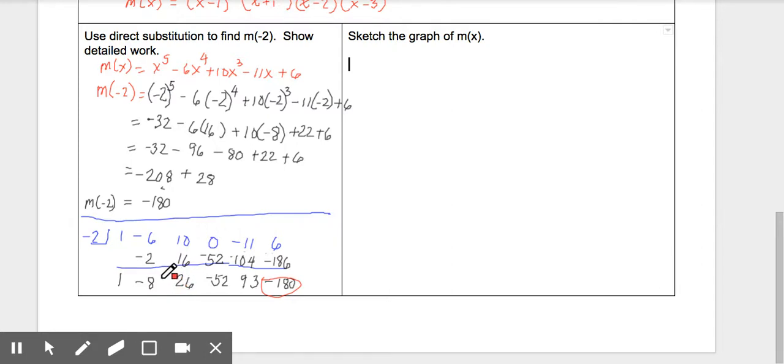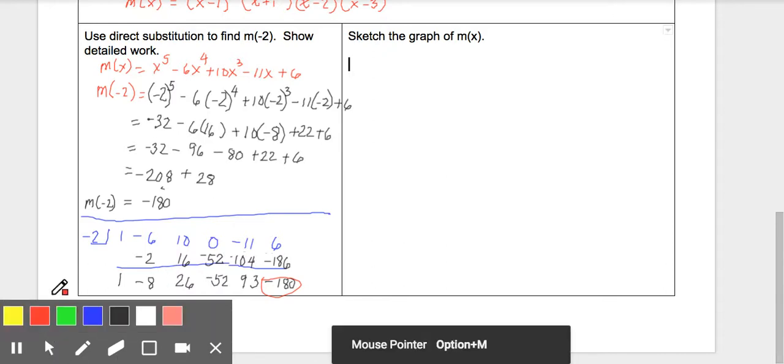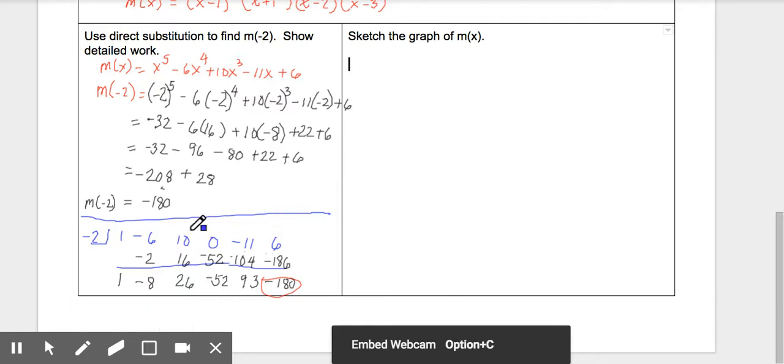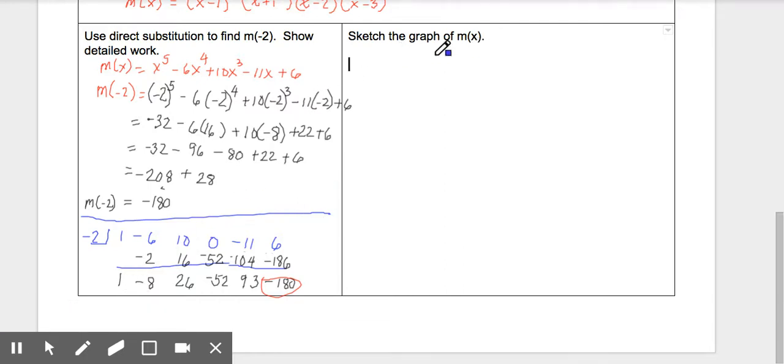All right, now let's sketch the graph. So first we want to get the y-intercept, and the y-intercept is m of 0. So if we plug in 0 to x, these are all 0s, so m of 0 is 6. The y-intercept is at 6.